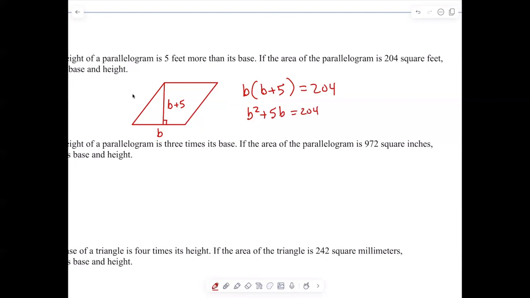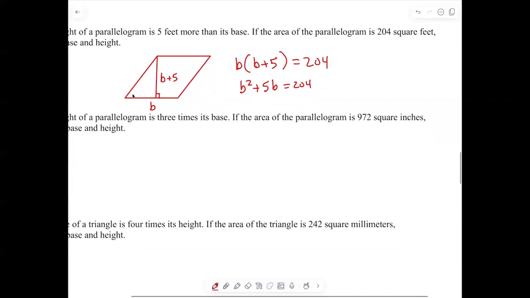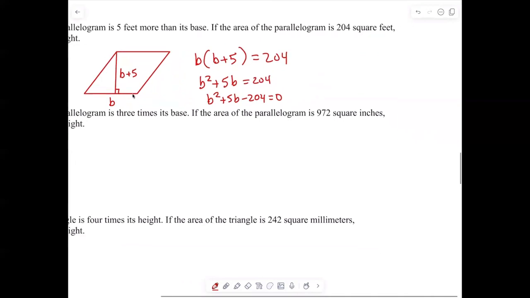Does everybody agree with that? And now, because it's quadratic, we set it equal to 0. B squared plus 5b minus 204 equals 0. Does everybody agree with that? Right? Now I've got to factor this. All right. I hope it does factor. B and B.